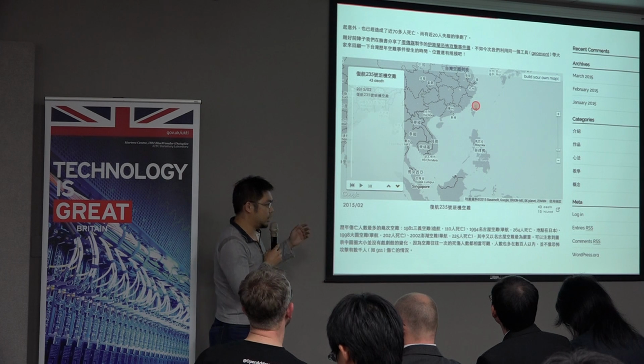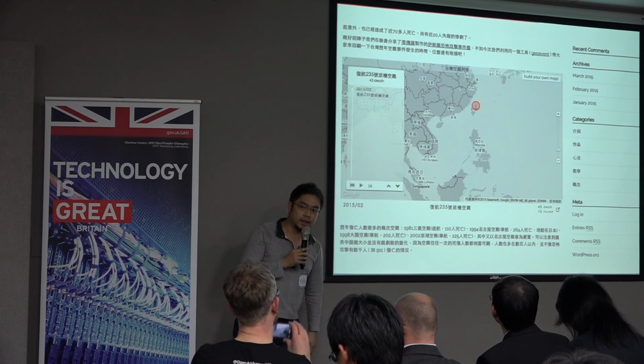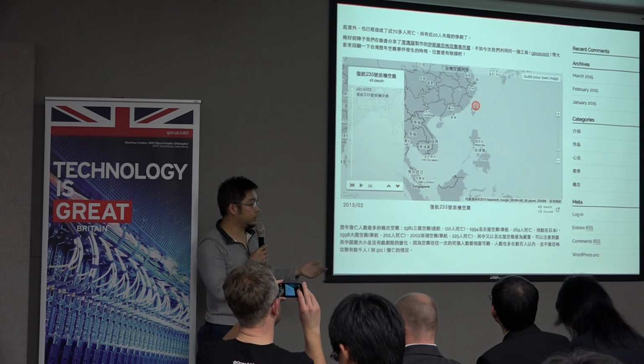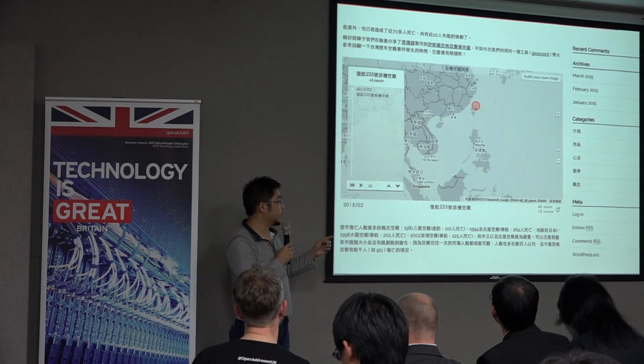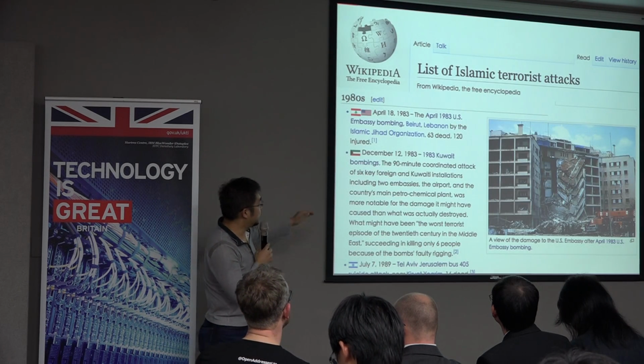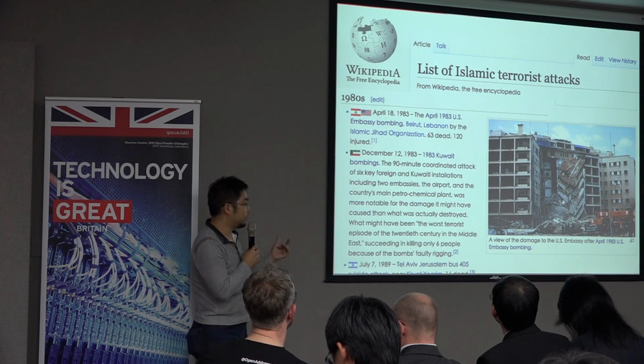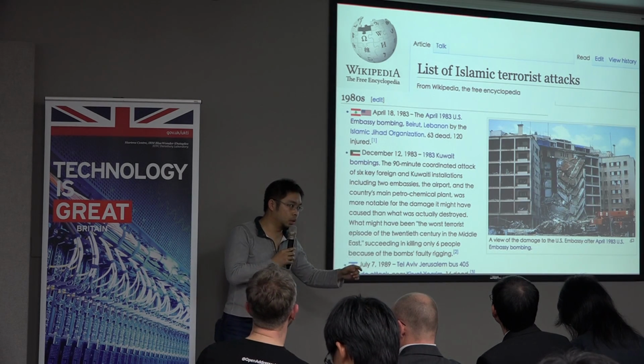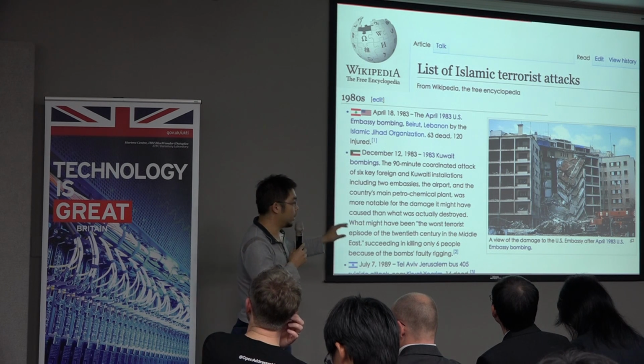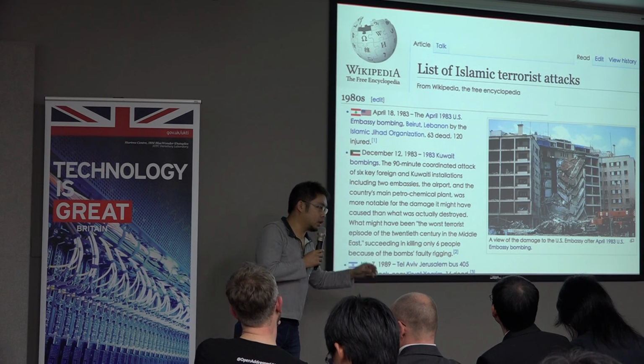Okay, so let's talk about the data. Our data is from a Wikipedia page, a list of Islamic terrorist attacks. There are about 100 entries in the list. Every entry has a link pointing to a specific page about the event, so we can look into the page.